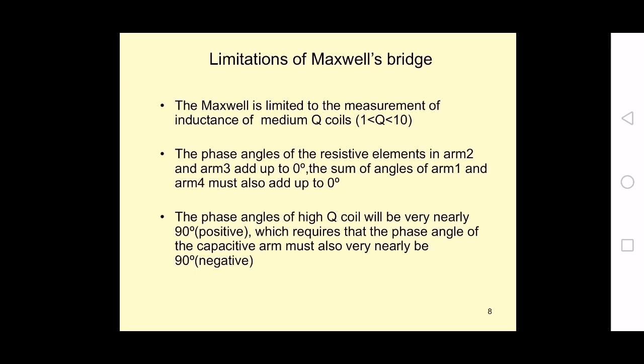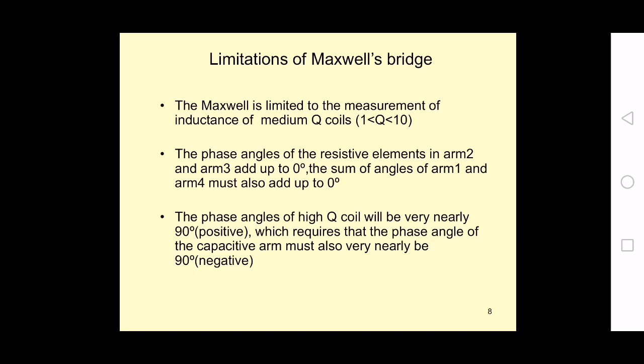The phase angles of the resistive elements in arm 2 and arm 3 are 0 degrees, as they are both resistors, whereas the sum of the phase angles of arm 1 and arm 4 must also add up to 0 degrees. In arm 1 you have a parallel combination of R1 and C1, and in arm 4 a series combination of Rx and Lx, so that phase should also add up to 0 degrees.